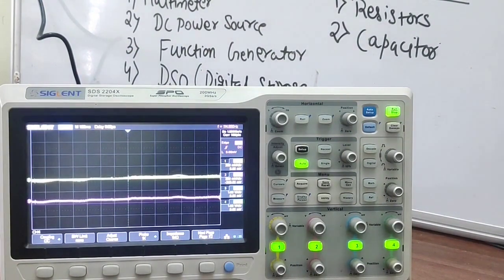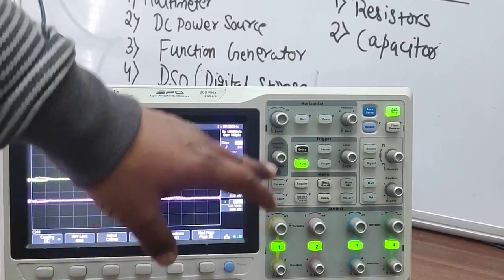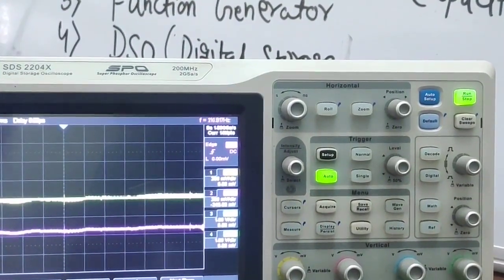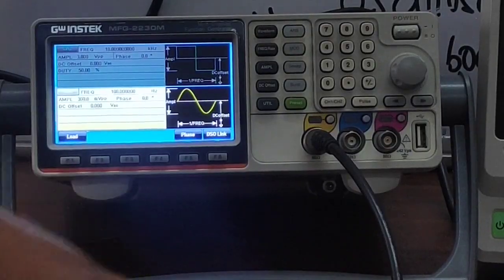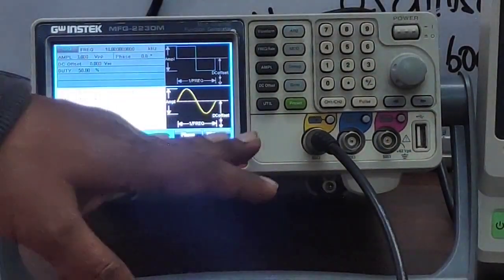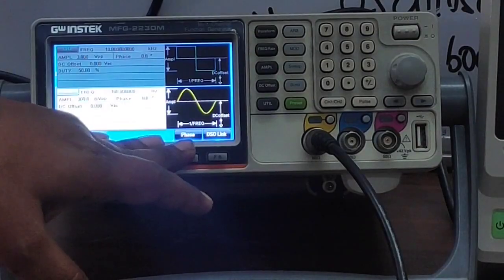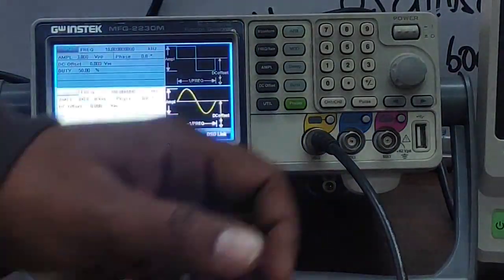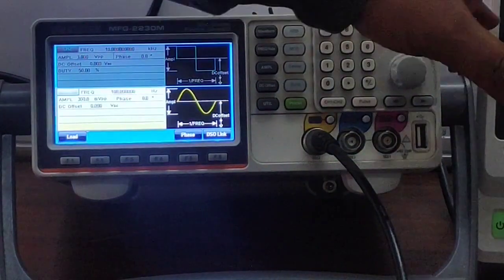With the help of the measure and cursor buttons, we can measure the simple values of the wave using the DSO. Now, for demonstration, I am going to generate a simple wave from my function generator, and I will connect the output of my function generator as an input to my DSO, and you will see what the output is in the DSO.